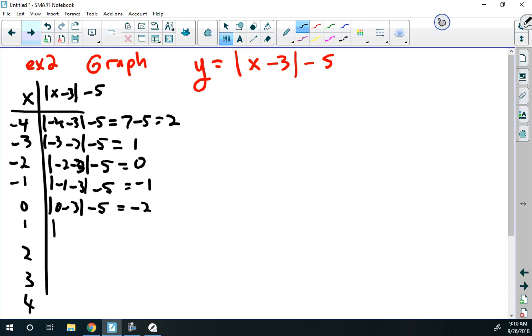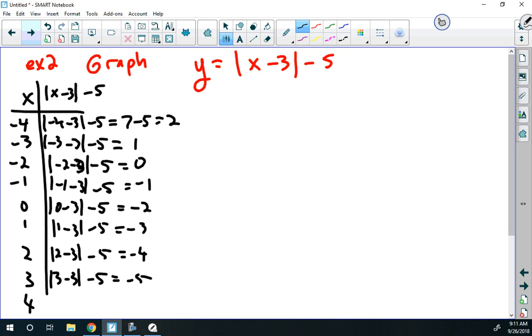Then I get the absolute value of 1 minus 3 minus 5. So that's 2 minus 5. That's negative 3. And then I get the absolute value of 2 minus 3 minus 5. So that's 1 minus 5. That's negative 4. And then I get the absolute value of 3 minus 3 minus 5. So that's minus 5. This is a lot of work.